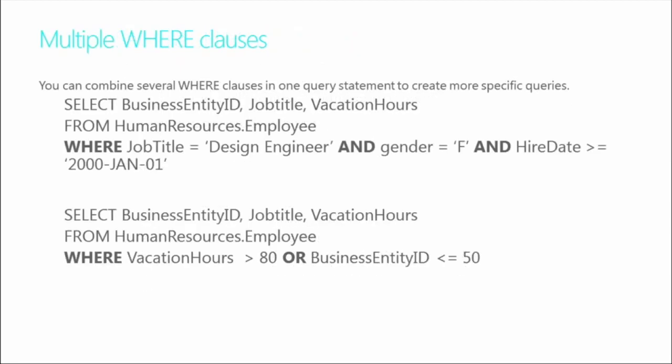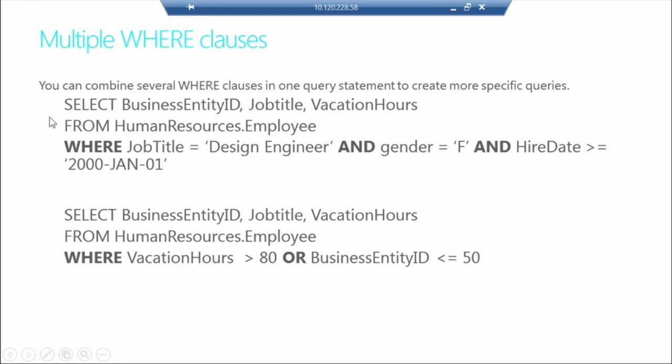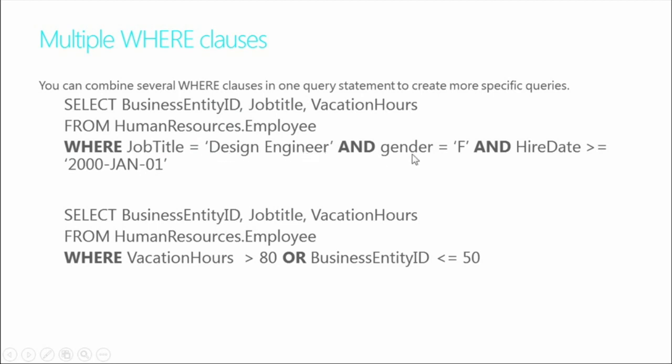I can get pickier. I can add multiple criteria to the where clause. Notice here I'm still doing a select on these 3 columns: business entity ID, job title, and vacation hours. From the table, still have that. Now my where clause: where job title equals design engineer, and oh, by the way, gender has to equal F, and oh, by the way, their hire date has to be greater than or equal to January 1st of 2000.